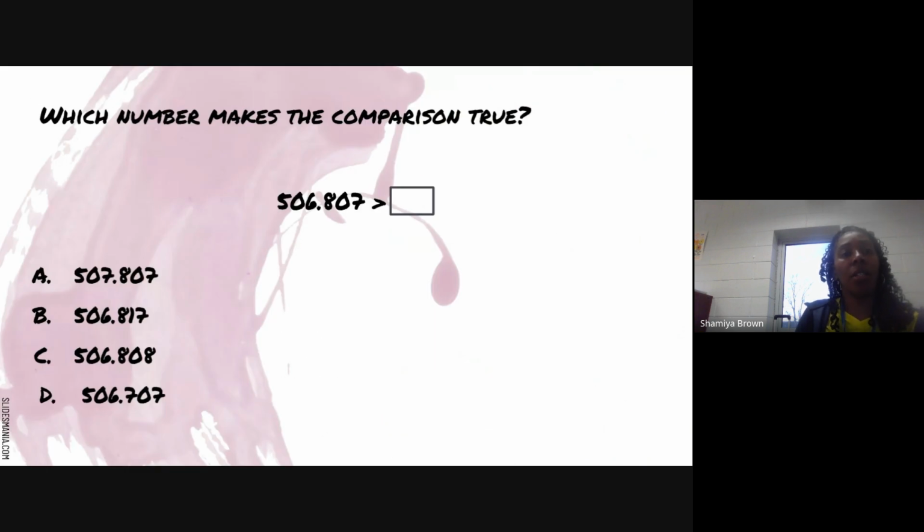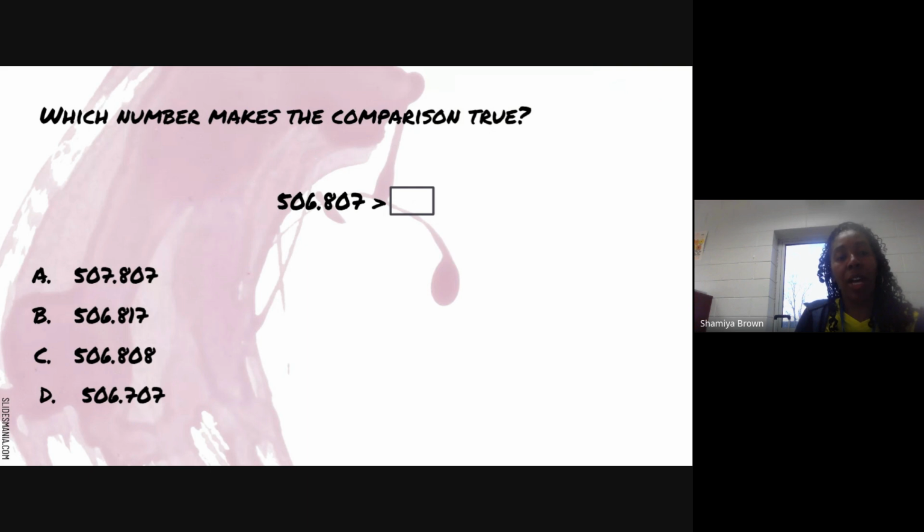All right. This says which number makes the comparison true. So they have a number over here, and then they have the greater than sign, and then a blank. So I'm trying to figure out what number I need to put here to make this comparison sentence true.